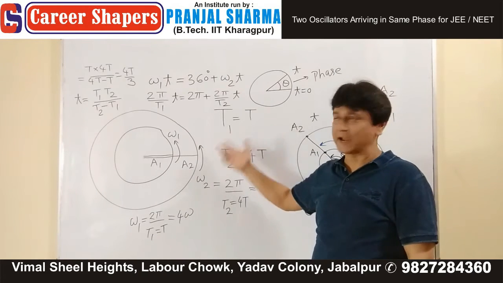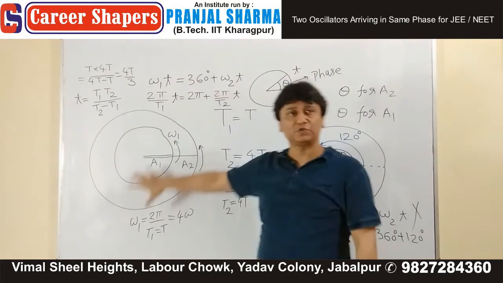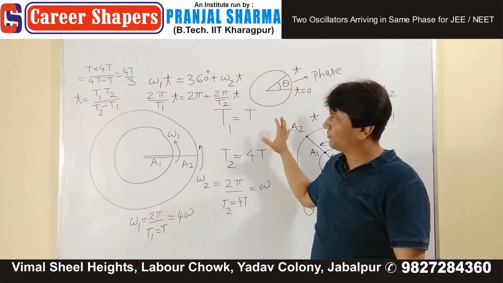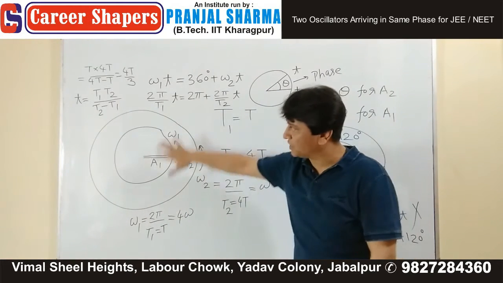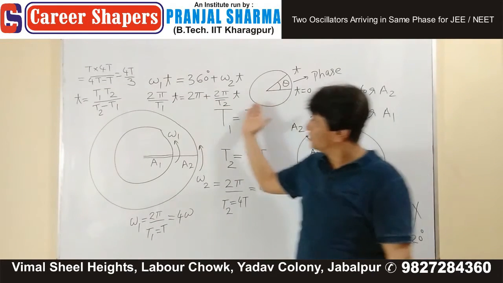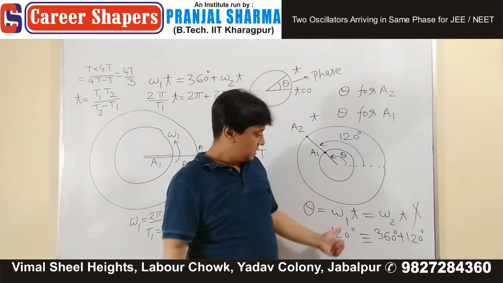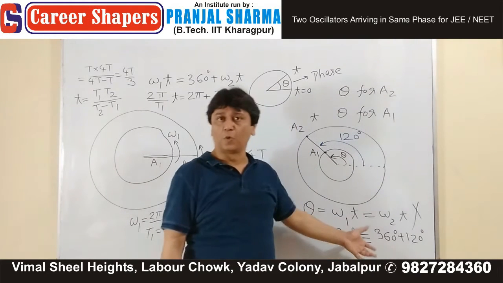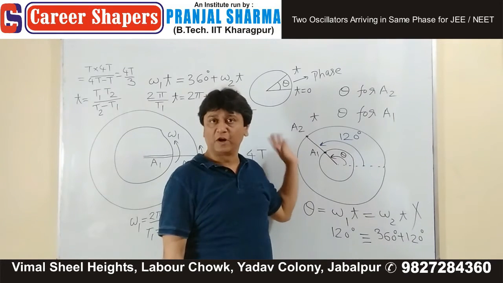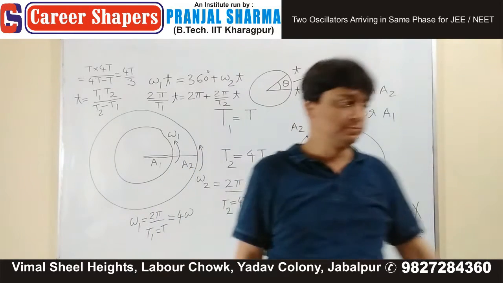With the help of the second one, things done in the first one will also be clear. But I'm asking, have you understood the first method, the value of time 4T by 3, this logic, these being equivalent, they are numerical values? Are you comfortable with this first approach, yes or no?